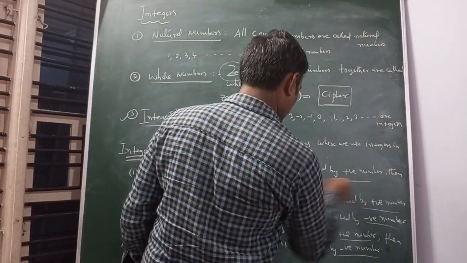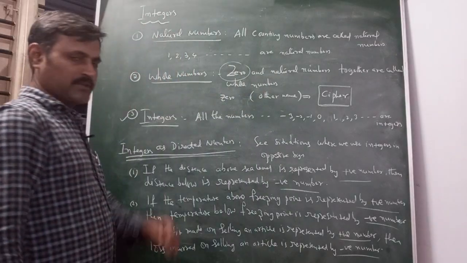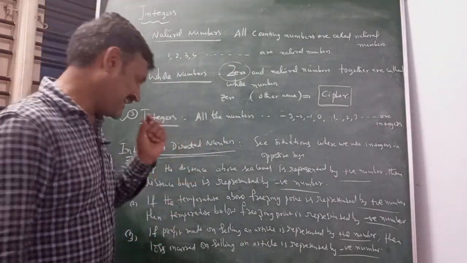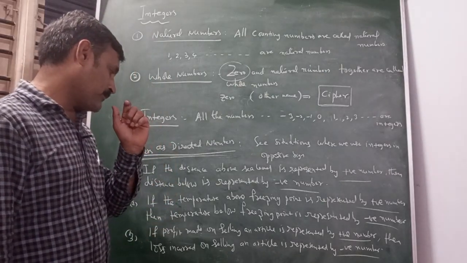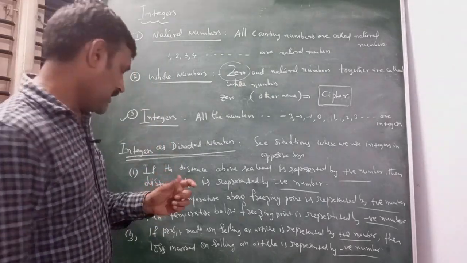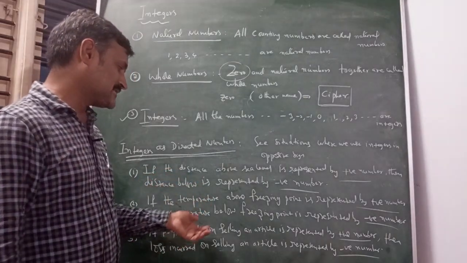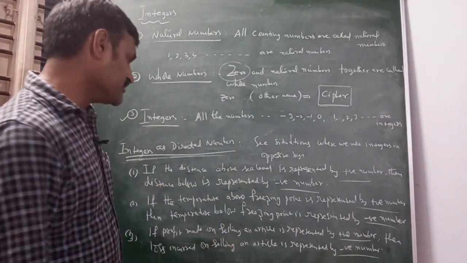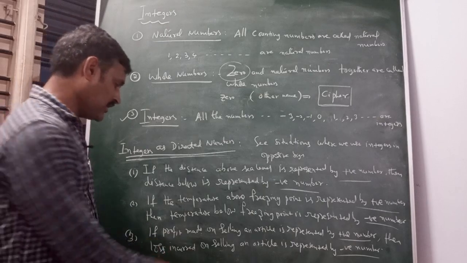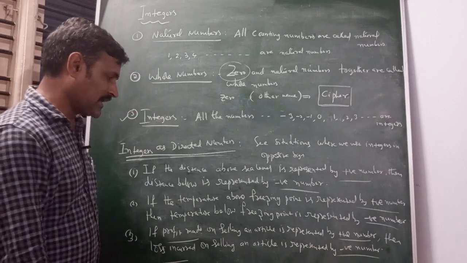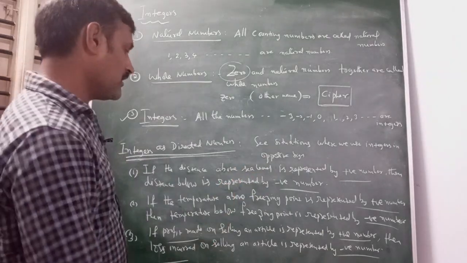When we say below, it is a negative integer; when we say above, that is a positive integer. In the business angle, when you are selling an article, if the article is sold at a gain it is called profit, a positive number. If loss is incurred in selling an article, then that is a negative number.